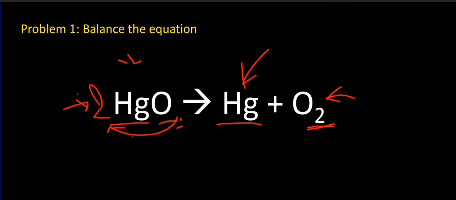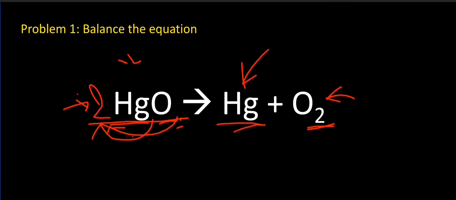But if you look carefully, when we multiply the whole compound HgO, the number of mercury atoms also increases. So we have to balance the number of mercury atoms now. Now there are 1 times 2 mercury atoms, and on this side we have 1 mercury atom.